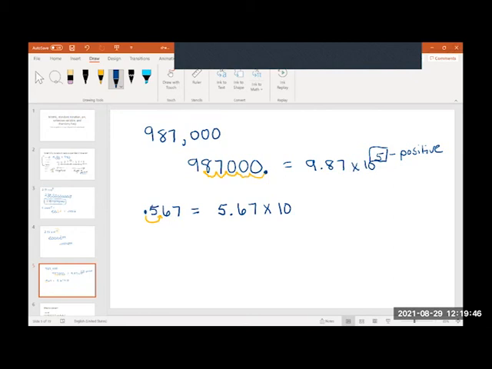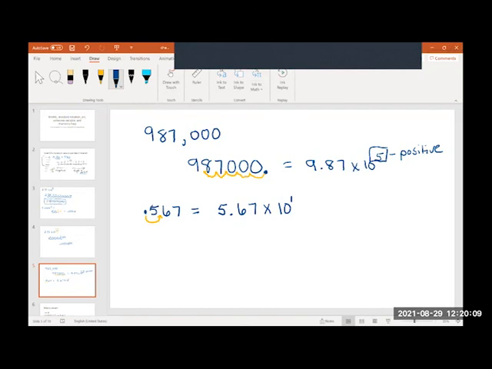Which way did we move? Or how many places, I should say, did we move? We moved one place. Okay, we need to leave more instructions to our friend on how to unzip this file. How can they get back to the original value? Well, now we need to tell our friend that they would have to move the decimal place to the left.